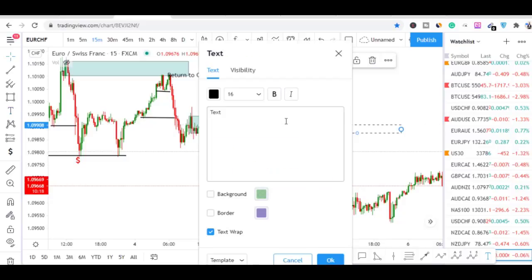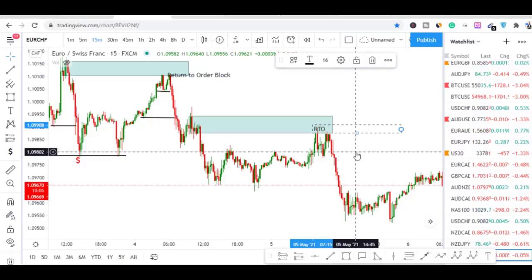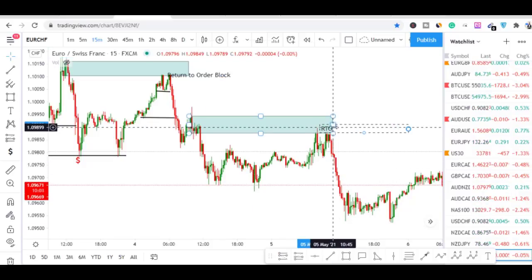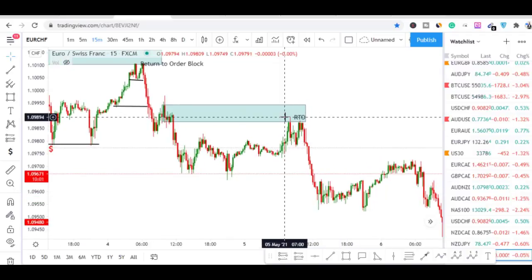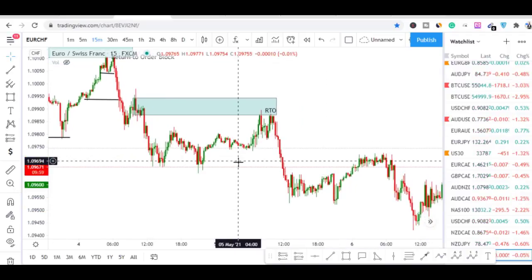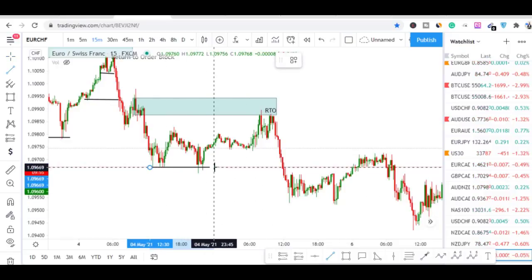I'm going to abbreviate this now, saying that you already know what it means. RTO simply means return to order block, right? Look at what price did. Price fell down, and boom, took out this low again. Take note, it took out this low again.